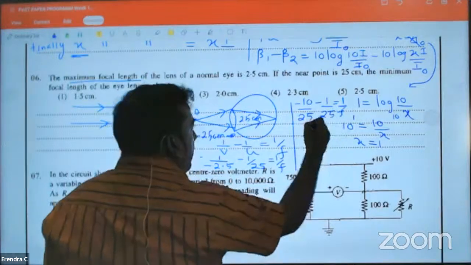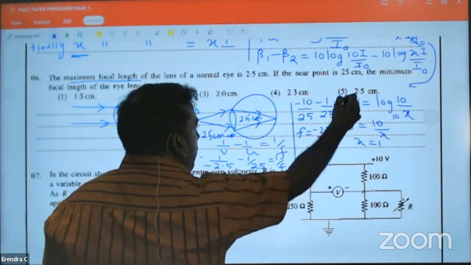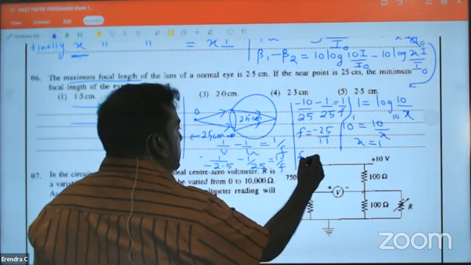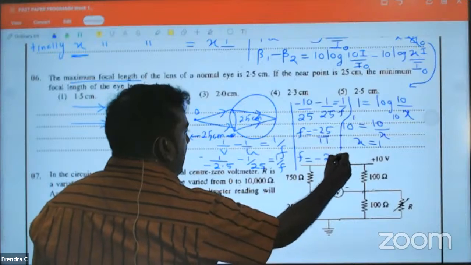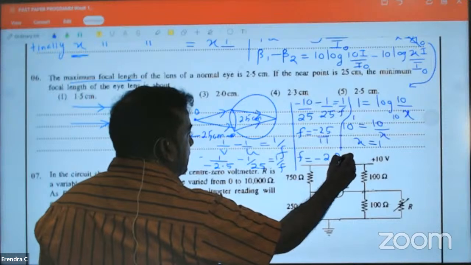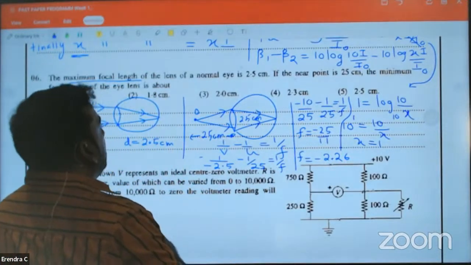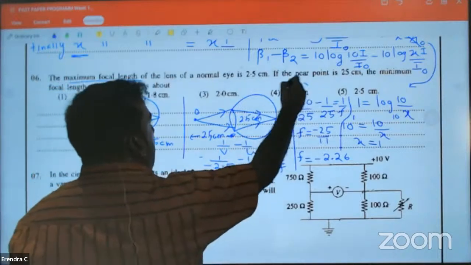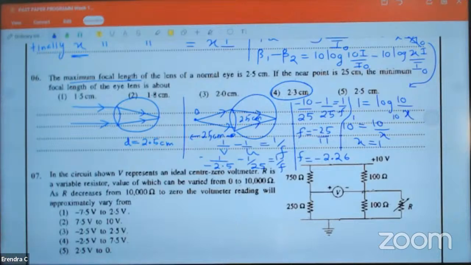F is equal to minus 25 over 11. Minus 25 over 11 is 2.26 something, which is approximately 2.3. Write down carefully.